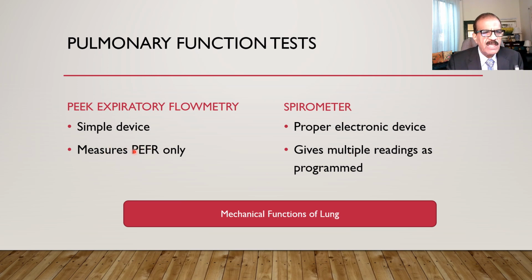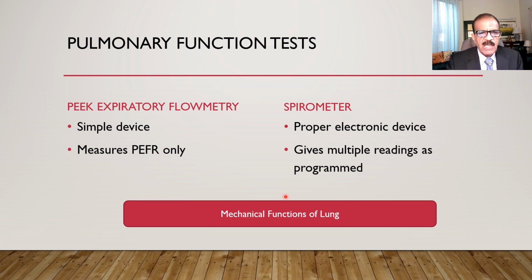So this is the proper equipment, and this is just handheld. The patient can actually keep this one at home, like one keeps a blood pressure apparatus, or a diabetic patient keeps a blood glucose monitor at home. Similarly, a patient with lung disease may be instructed to keep a peak flow meter at home and measure his or her peak expiratory flow rate.